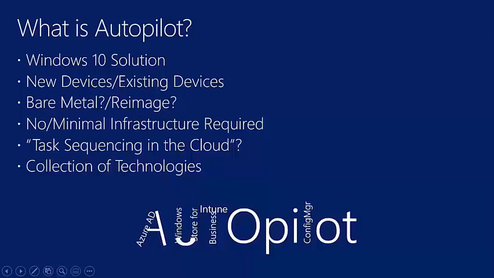There's other pieces that work alongside of it, such as the Microsoft Store for Business, Intune, certainly third-party MDM providers, even Azure Active Directory. All of these are integral to making Autopilot do what you're going to see that it does. Also, configurations can integrate with other existing infrastructure. That's where I mentioned minimal infrastructure required. So if you have Config Manager, as you'll see, we can absolutely integrate with Config Manager.